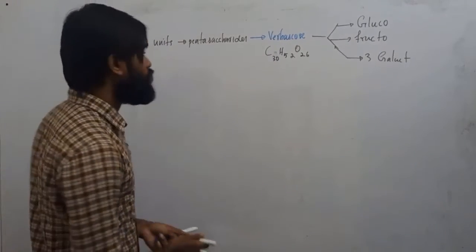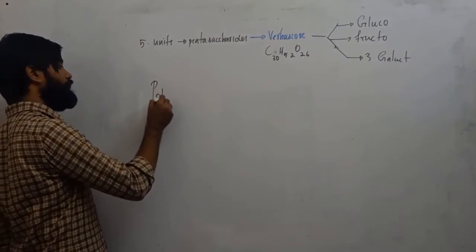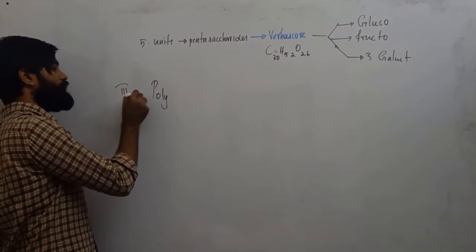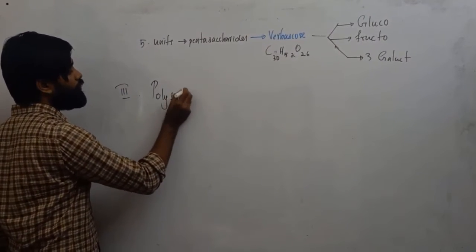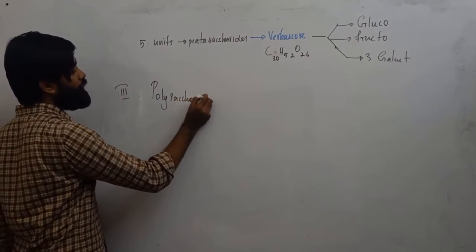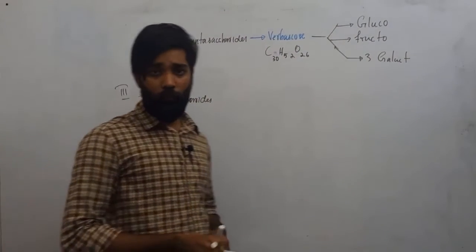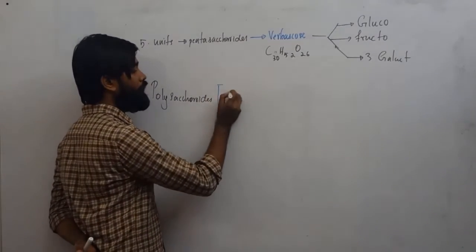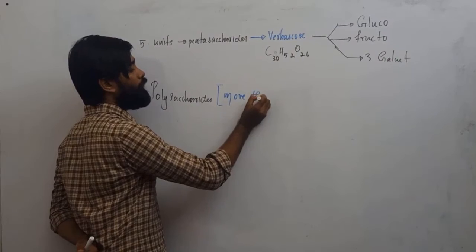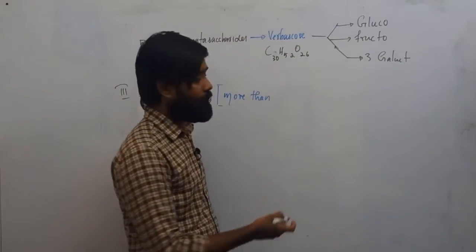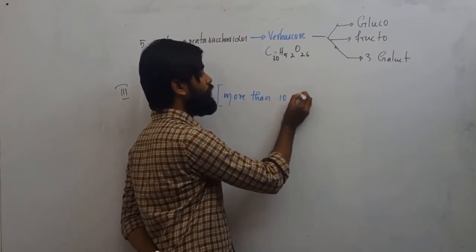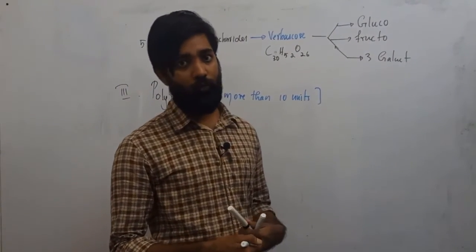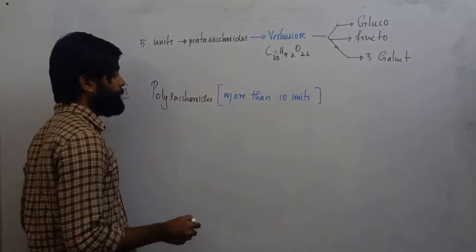Okay, so one more in this category. The third classification based on hydrolyzable unit is polysaccharides. Polysaccharide means more than 10 units, which are formed on hydrolysis.